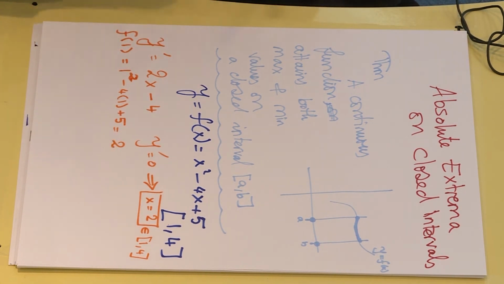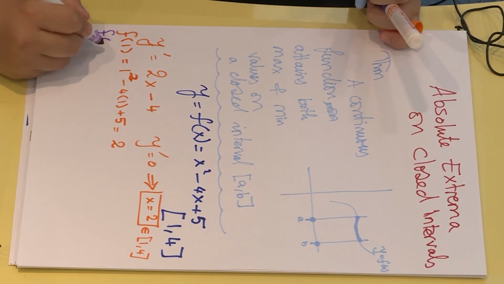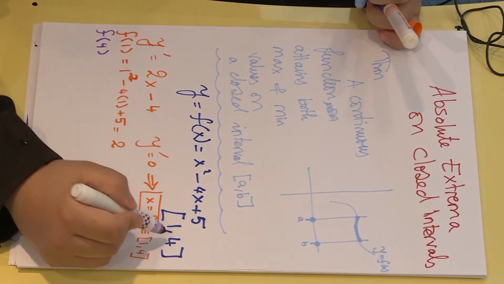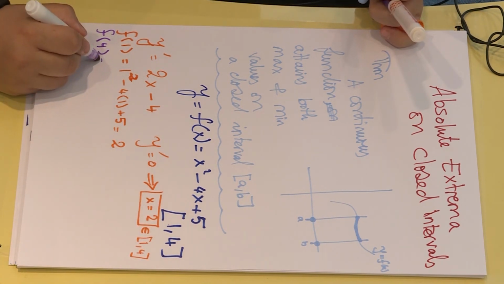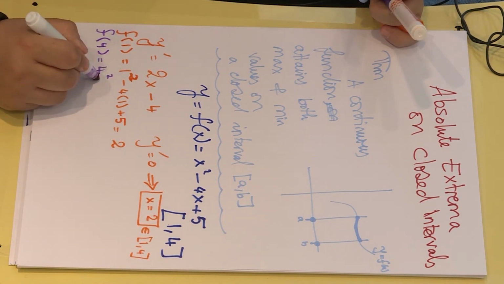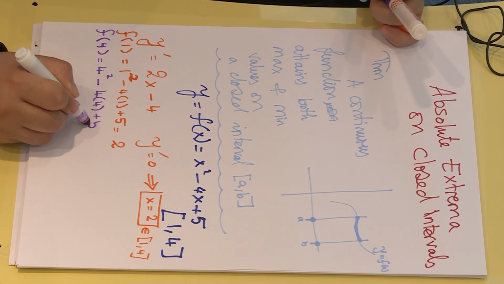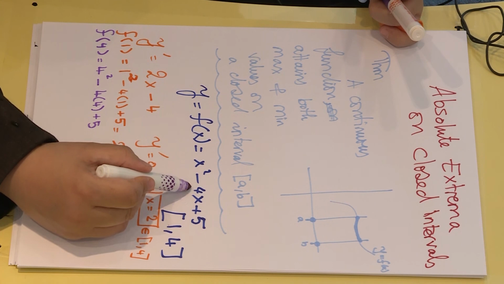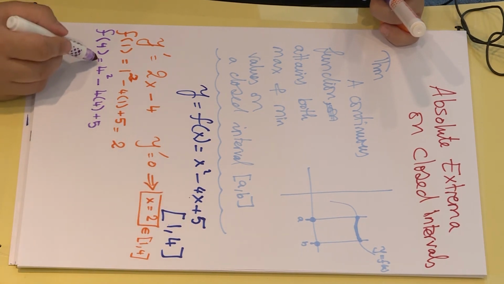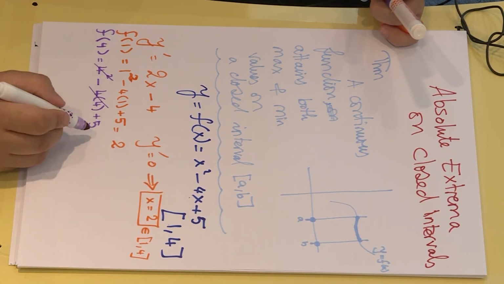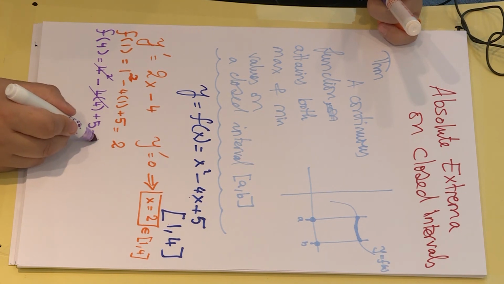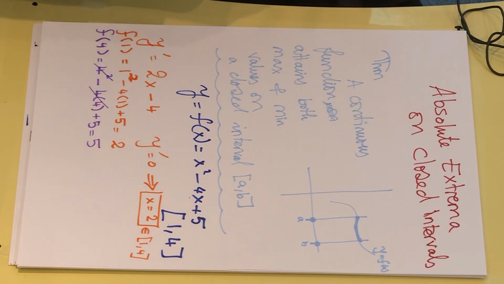Next, I will find f of 4, the other end. So it is equal to 4 squared minus 4 times 4 plus 5. We can see that these two add up to 0, so we are left with 5.